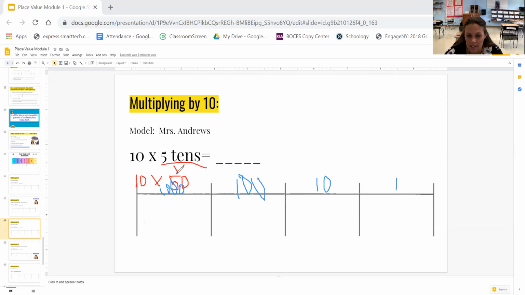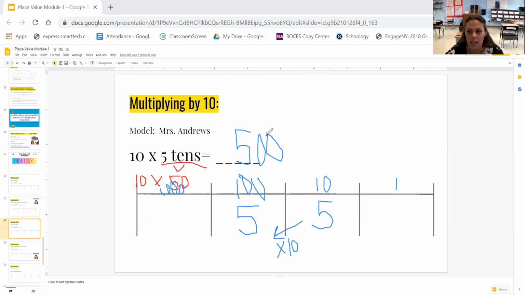We have 50. Well, 50 can't fit in the ones place, so I have 5 tens, really, right? 5 tens, and we're multiplying it by 10, which means it's getting bigger by 1 place value. So those 5 tens move to the hundreds place. So now 10 times 50 is really 500. 100, 200, 300, 400, 500. So it's really 500.